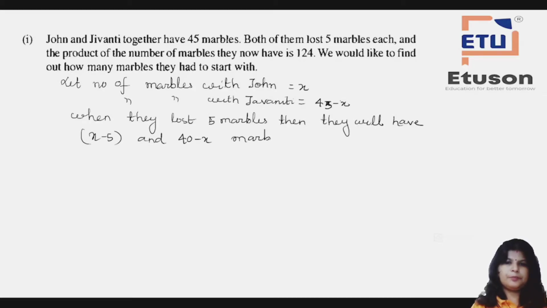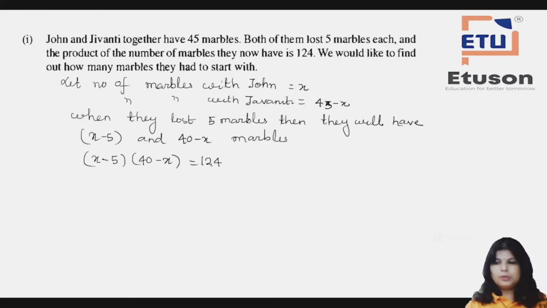Correct or not? Okay. So according to the question, the product of the numbers after losing 5 marbles, x minus 5 into 40 minus x, is given to be 124. Let us bring the equation into the quadratic form.